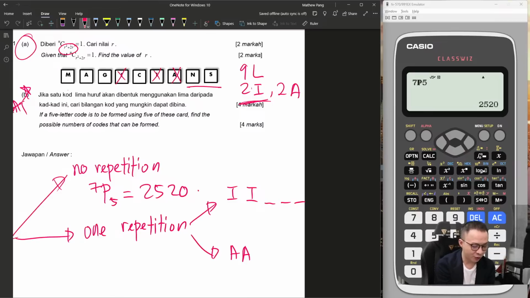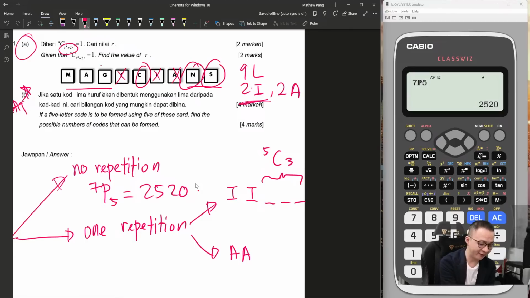Then I have 1, 2, 3, 4, 5. From these 5 letters, I will choose 3 letters to fill in here, and only then arrange.